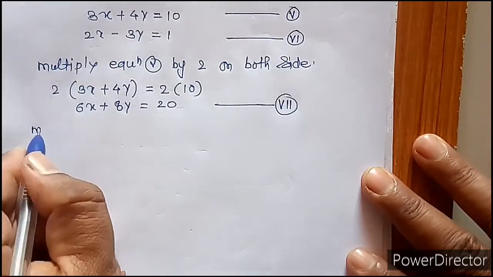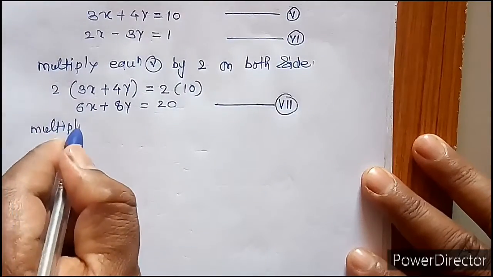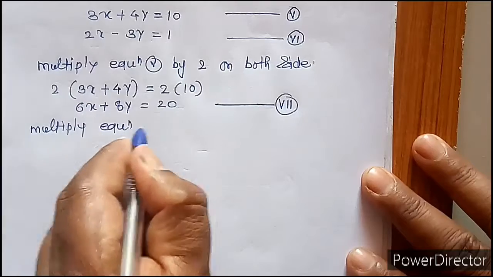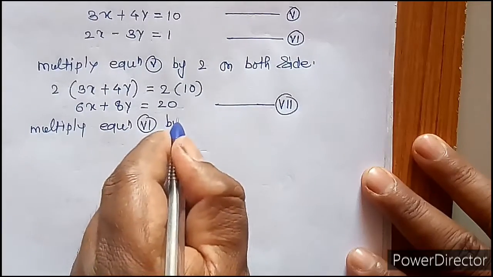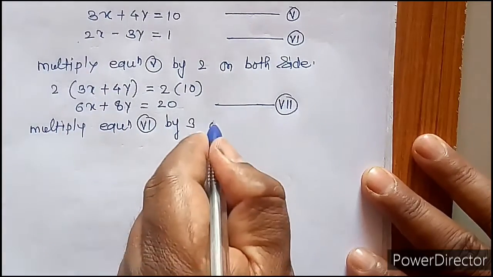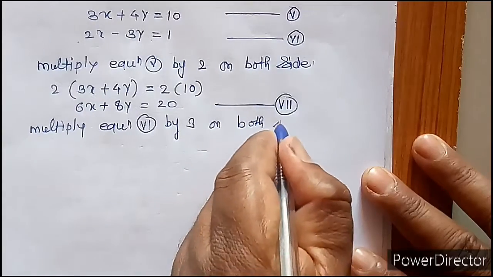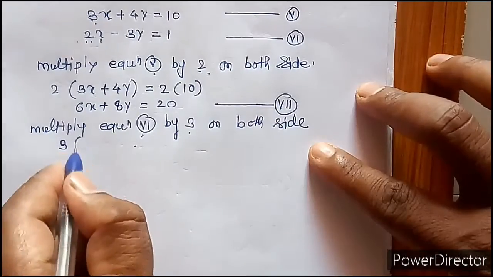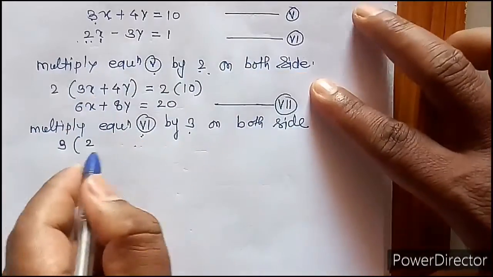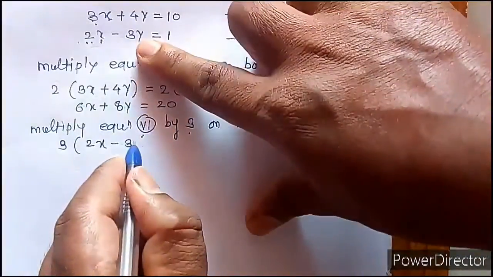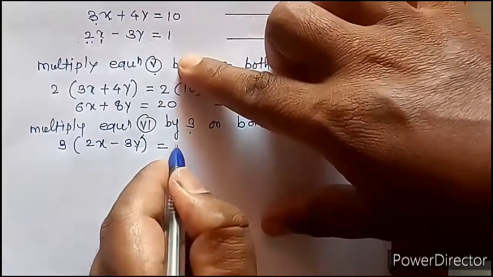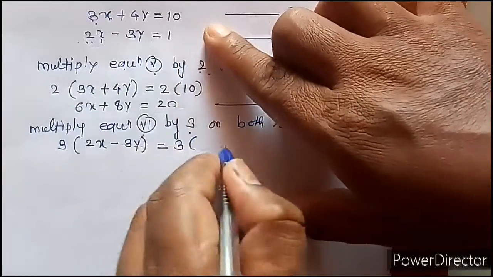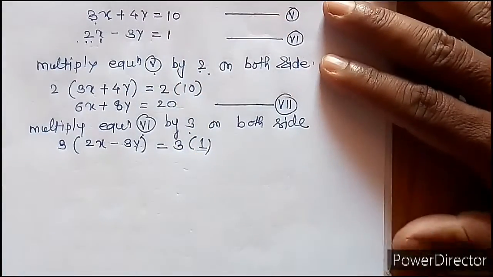Now multiply equation 6 by 3 on both sides. 3 into the left hand side of equation 6, that is (2x-3y), and 3 is multiplied with the right hand side of the sixth equation.